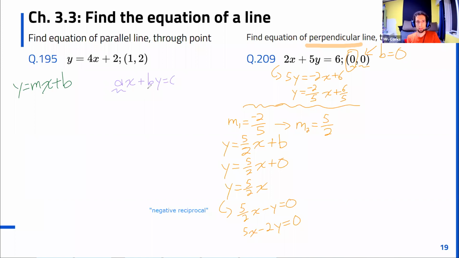So given this a and this b here, look at the relationship between this standard form and the slope-intercept form. Tell me what the slope is in terms of the a value and the b value.